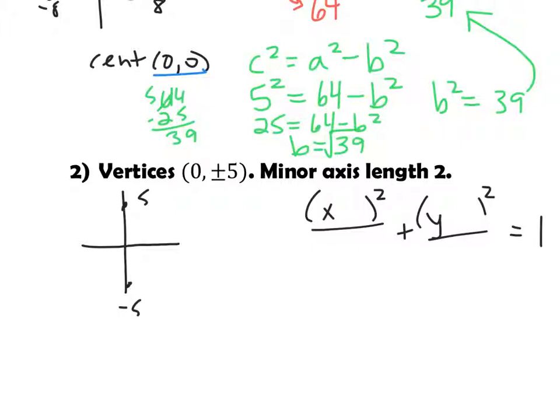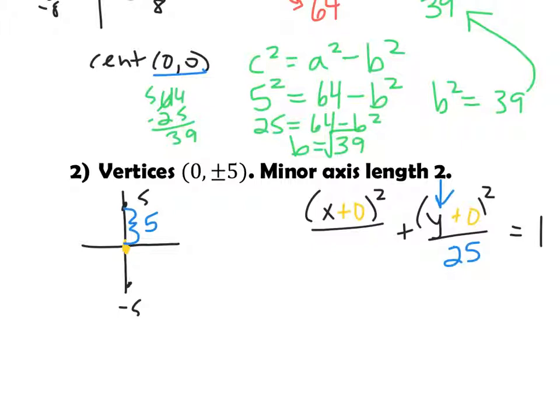All right, so once again, my center of that is 0, 0, which you don't have to write. And this one is vertical. The distance from the center to a vertex is 5. So underneath the vertical variable, that would be y, it's going to be 5 squared, which is 25.